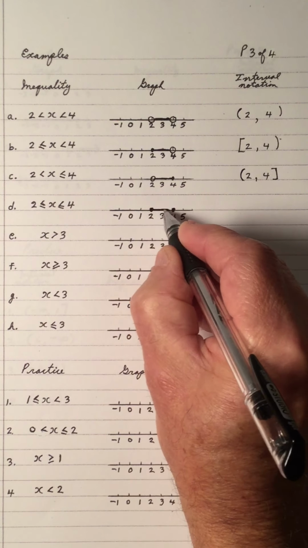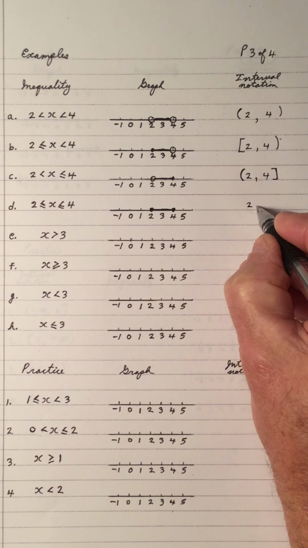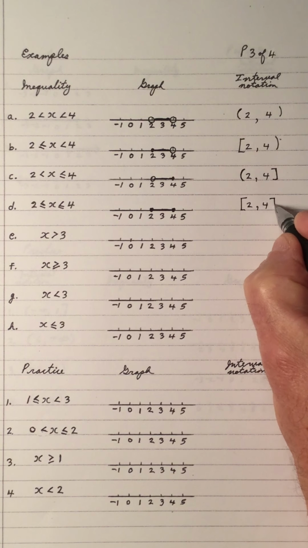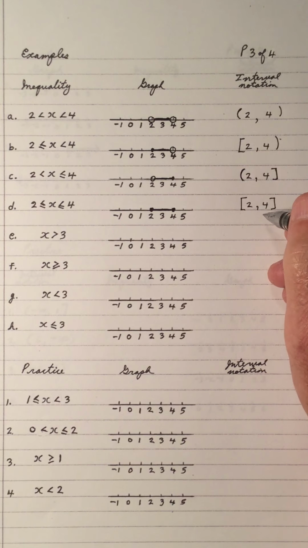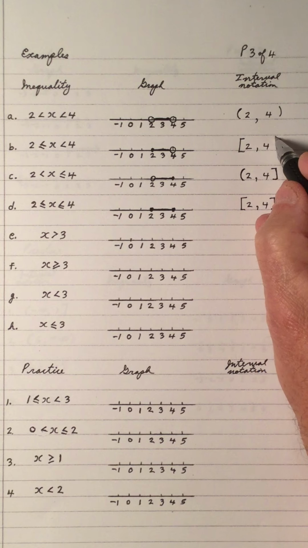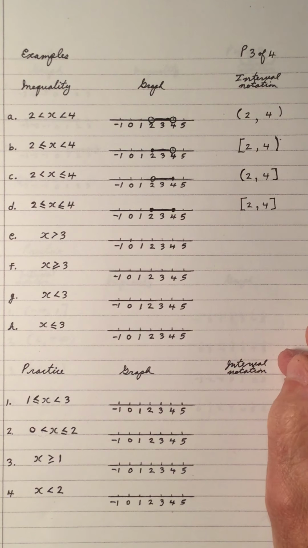So there's the shading, if we had to graph it. And we've got a 2 and a 4, with an equal sign on both. So there's the interval. Hopefully you can see and understand that this is open, not equal to, and this is equal to.